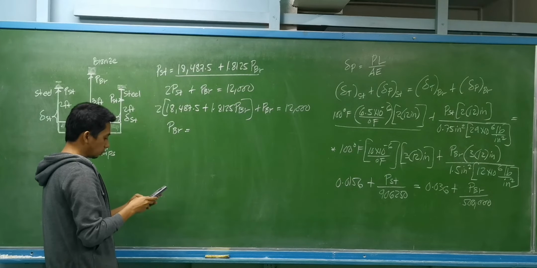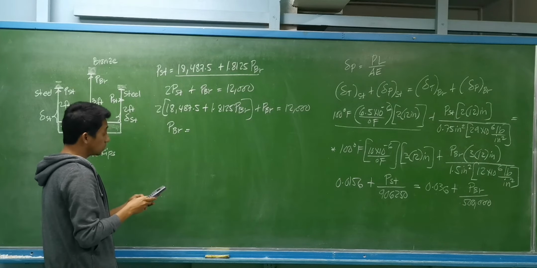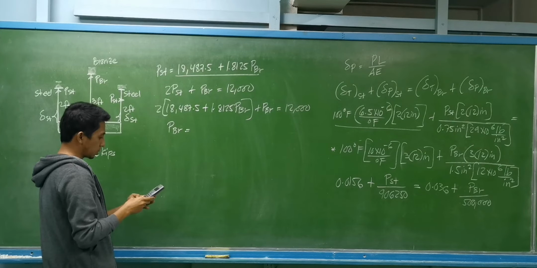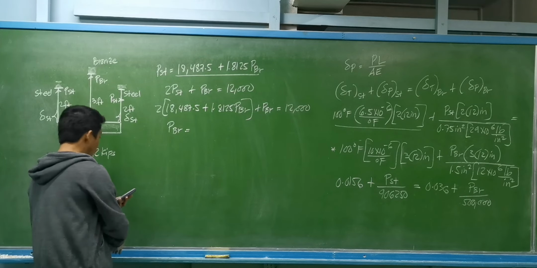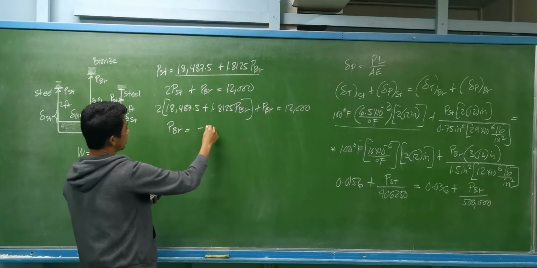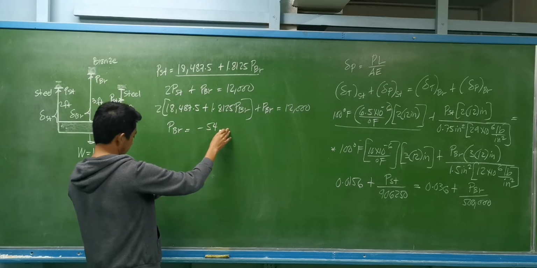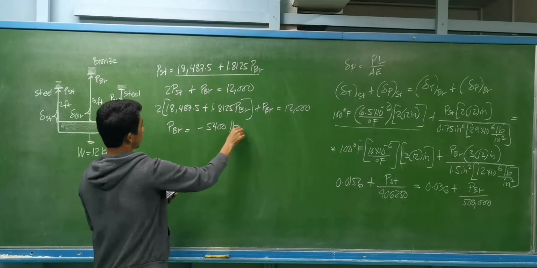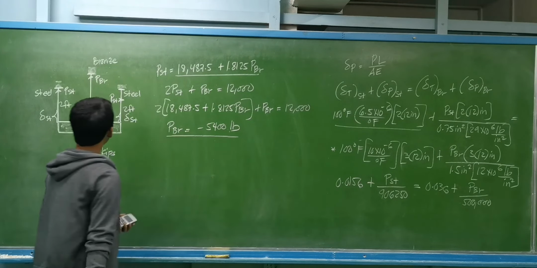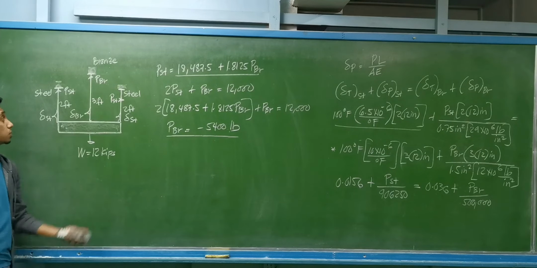So we have the value of the load to be carried by the bronze as negative 5,400 pounds, which means we have a wrong assumption.